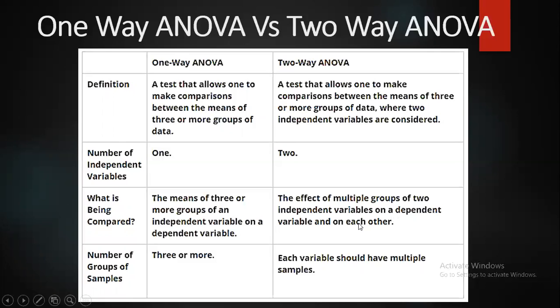Here the multiple groups are the 4 months, and the two independent variables are gender and month. Lastly, the number of groups of sample will be 3 or more, and in two-way ANOVA each variable will have multiple samples. So this is a brief introduction to what ANOVA is, when it is used, and what its assumptions are.